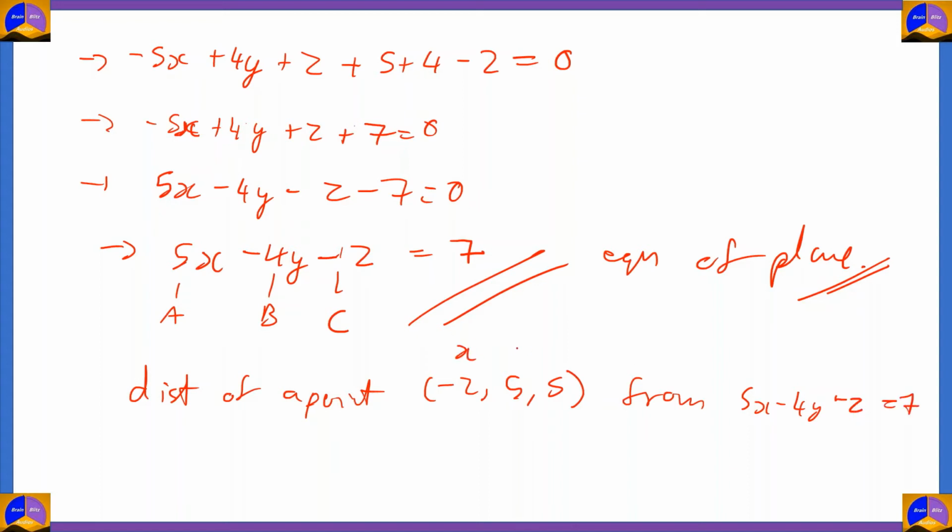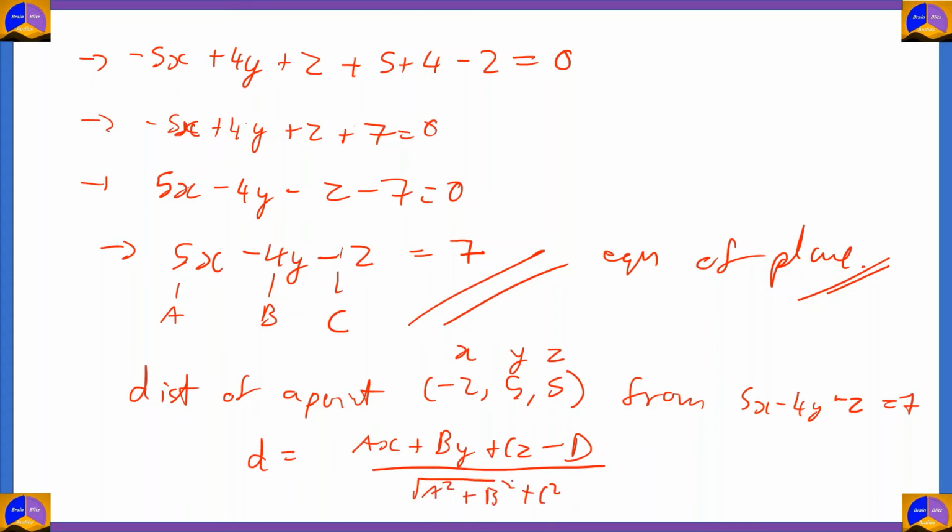We take minus 2 as x, 5 as y, 5 as z, and our equation, that is d is equal to ax plus by plus cz minus d, whole divided by root of a squared plus b squared plus c squared. And we put that entire thing under a modulus.